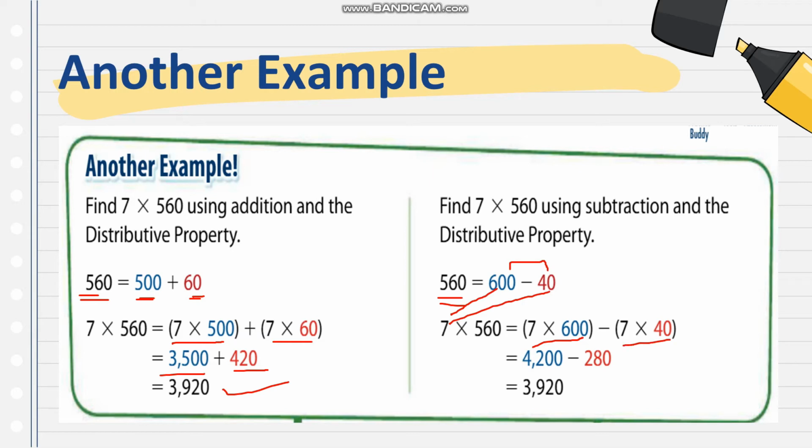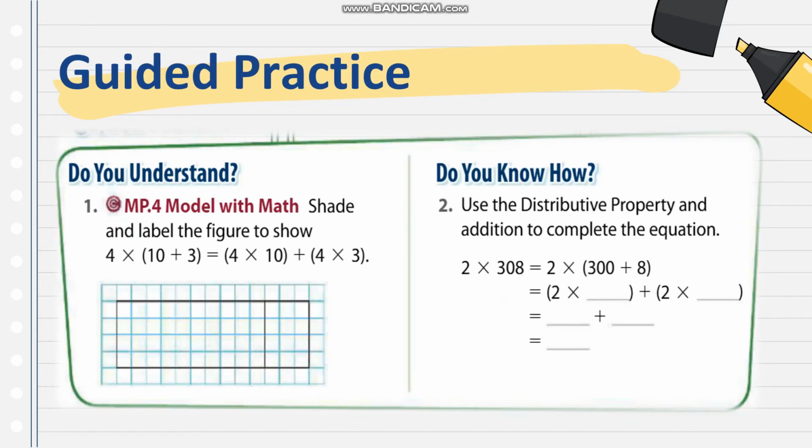So 7 multiplied by 600 is 4,200, minus 7 multiplied by 40 is 280. So 4,200 minus 280, I have the same answer, which is 3,920.